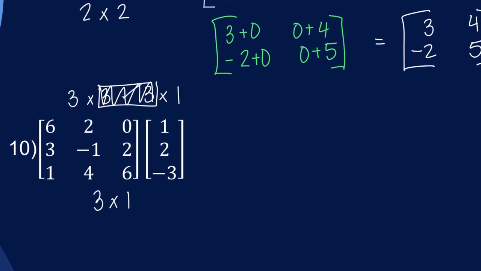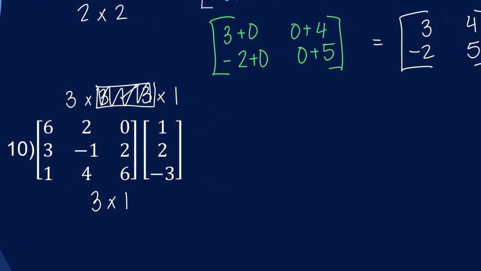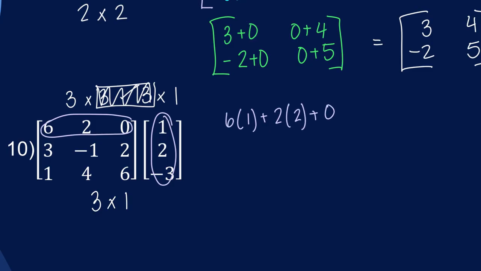Okay, solving it again, I'm trying to get a 3 by 1. Let's go ahead and do our row with our only column. So having to know how to do this, I'm going to take 6 times 1 plus 2 times 2 plus 0 times negative 3.